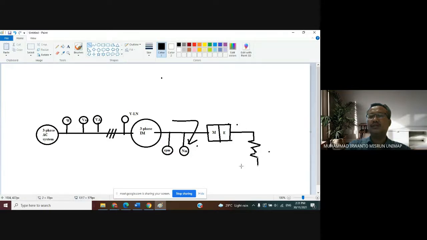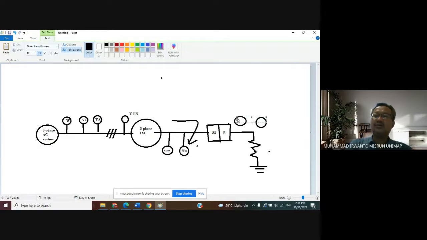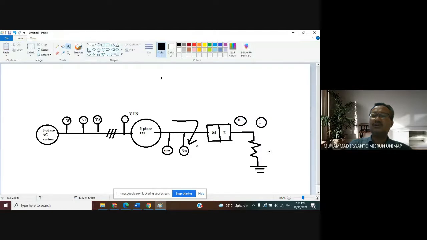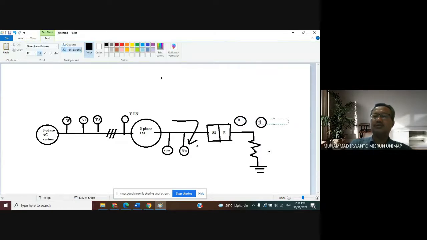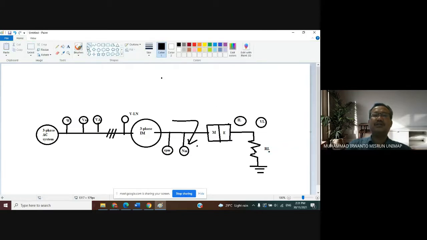And don't forget to give ground. For this part, you can measure the current flowing through the resistor and also the voltage. I type here I low, and this one is V low, for the load resistor R low.